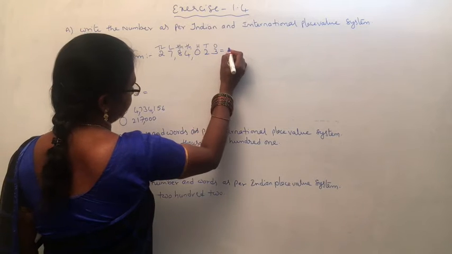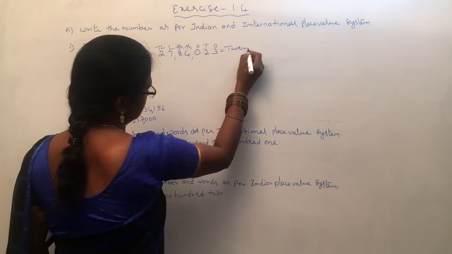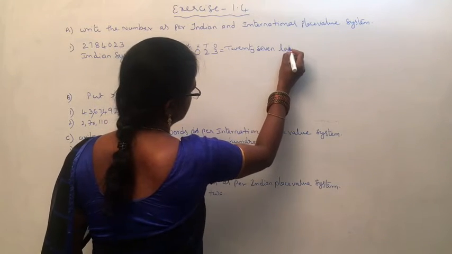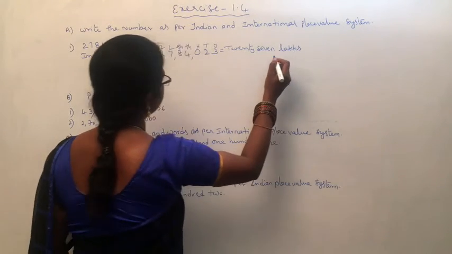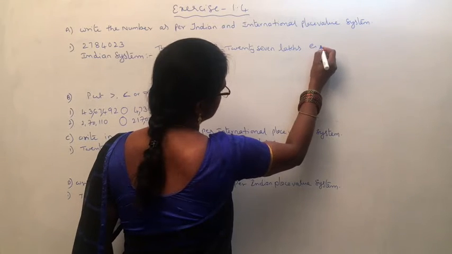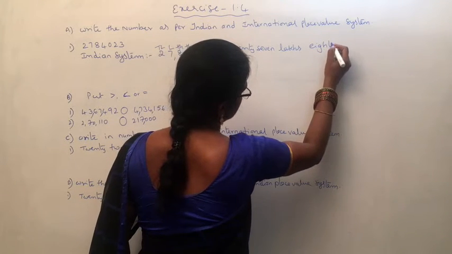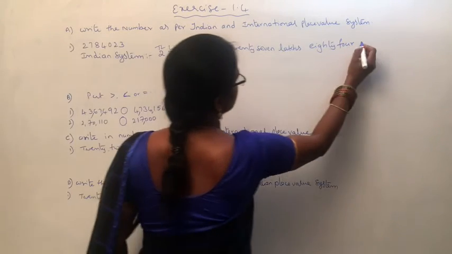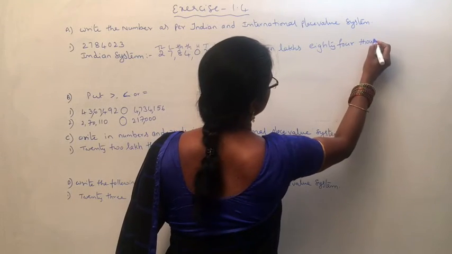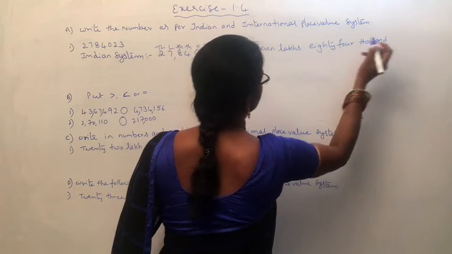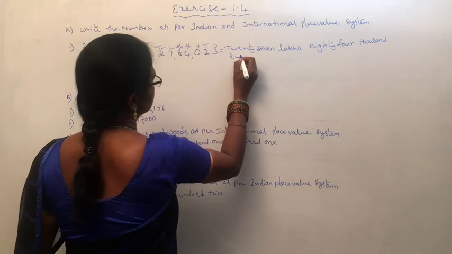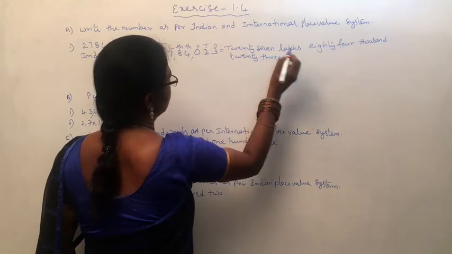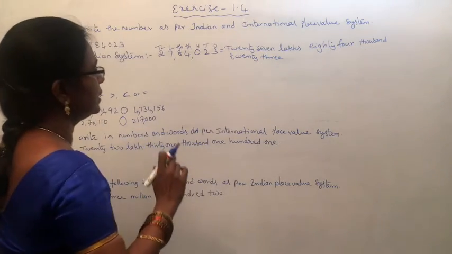How to write? 27 lakhs, 84,000, 23. What are the place values in Indian system?